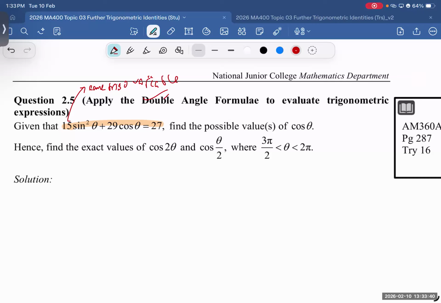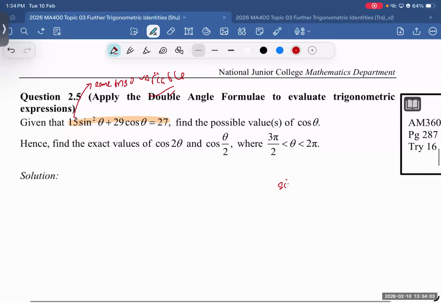So what are the formulas that you have learned in your life about trigo? Correct. Use it. In lesson time, we teach you this, right? If you have sine square plus cosine square, it equals 1. This is what the teacher teaches you. But what does the teacher test you?